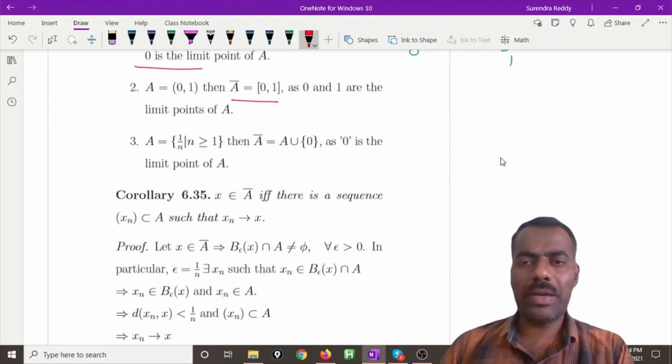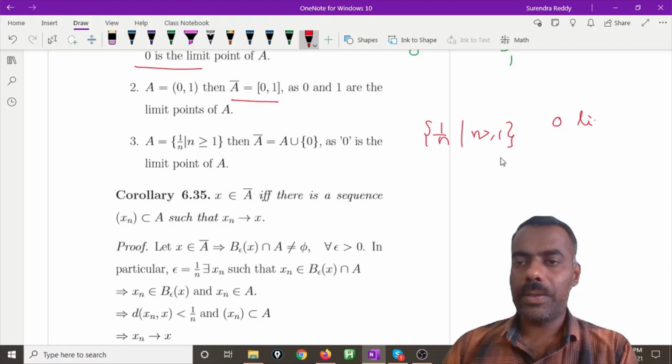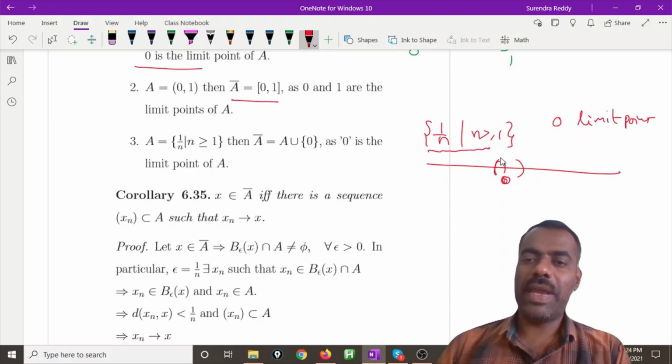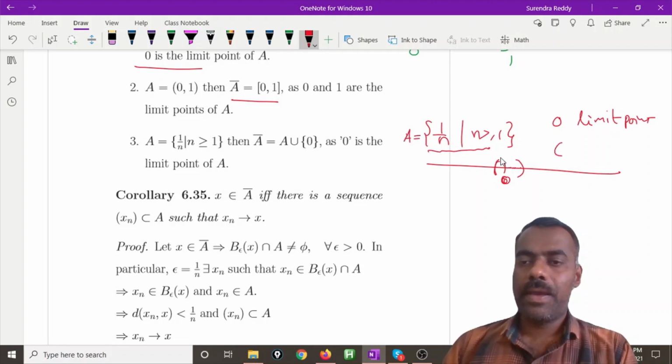If you take the set of 1 by n, which we have already discussed, for this you can check that 0 is a limit point. Because if you take 0, then around it, however small a ball you take, there will be many points of the form 1 by n in it. So if you call this set A, then minus epsilon to epsilon intersection A is always non-empty.